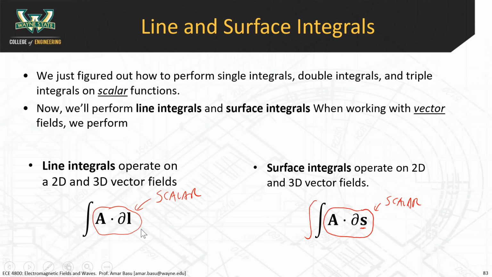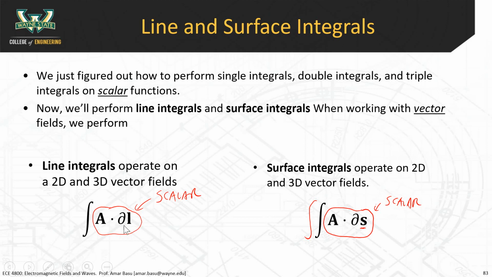What we're going to be doing today is a line integral, where we integrate over a line. In that case, you also see that there's a dot product: the vector field is dotted with a vector that represents a differential length along the line.